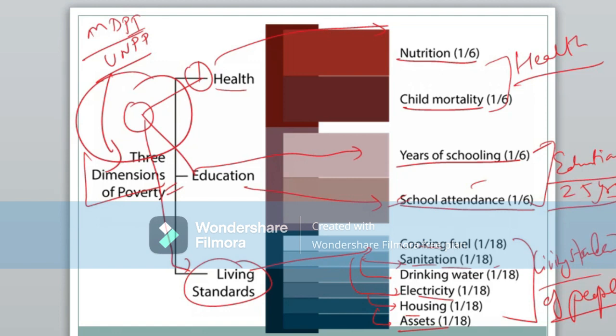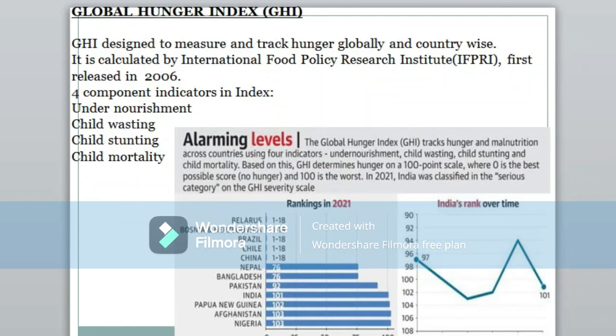Let us go ahead and look into the other measure, that is the Global Hunger Index. What is this index, friends? The Global Hunger Index is designed to measure and track globally, country wise, the standard of hunger, how many people are not having food to eat, they are dying out of hunger.